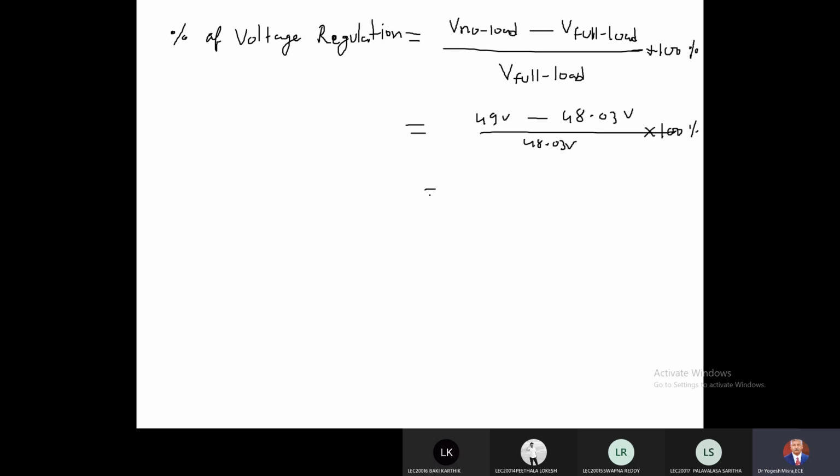So if you calculate this, its value is coming 2%. So voltage regulation is 2%, right?